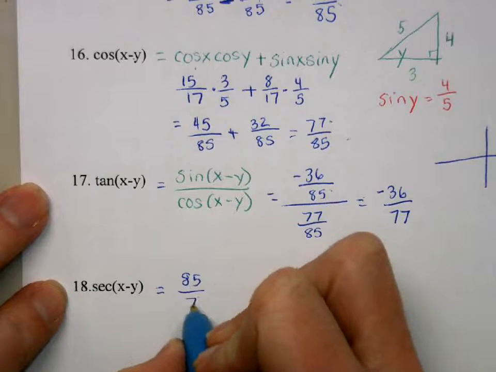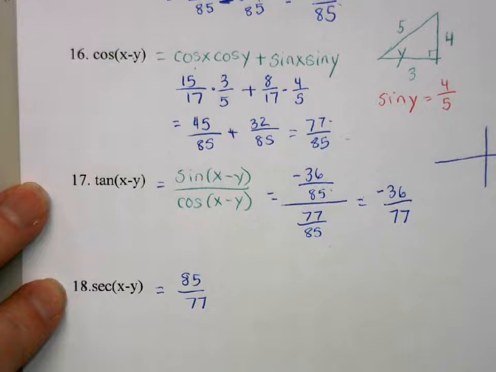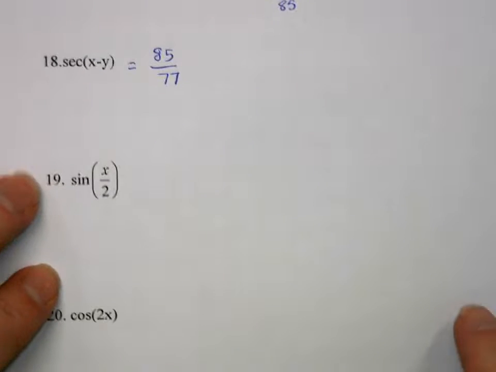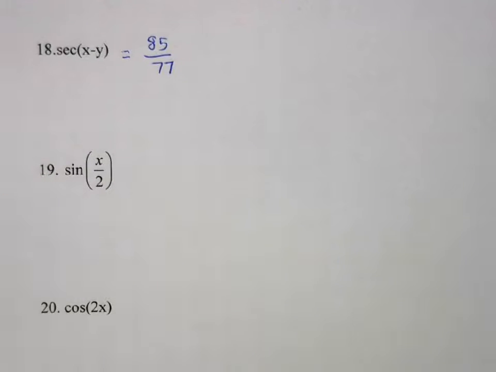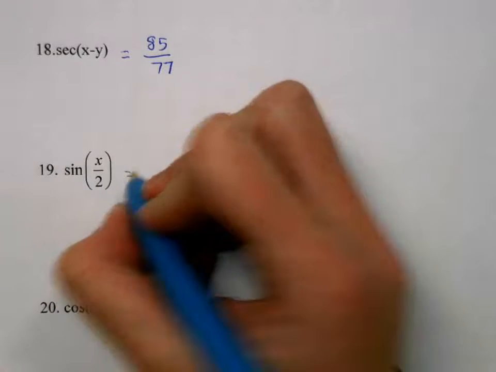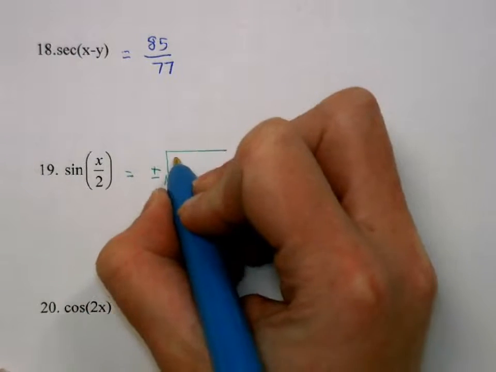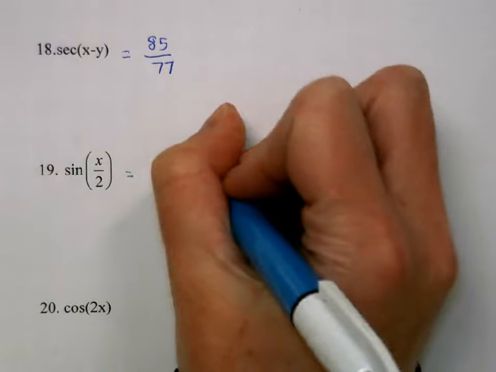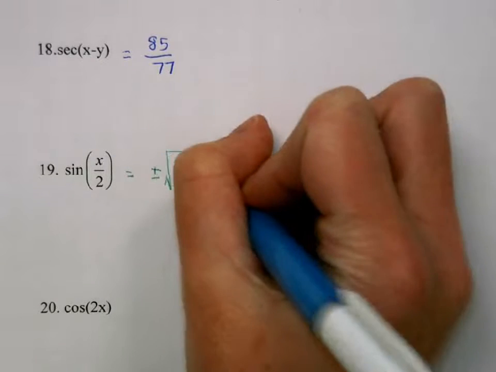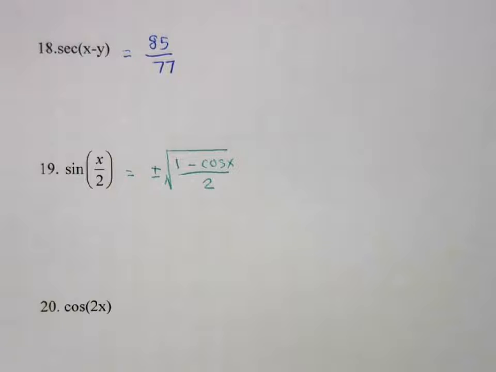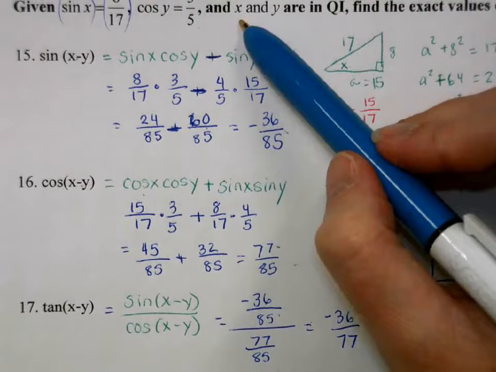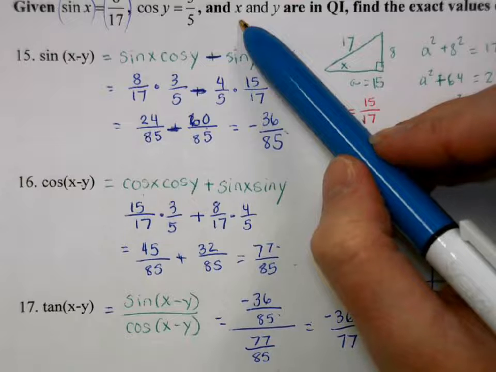Okay, the half angle identity. The half angle identity for sine says plus or minus the square root of 1 minus cosine of x over 2. Well, if x is in the first quadrant and I cut it in half, it's still going to be in the first quadrant, so it will be positive.